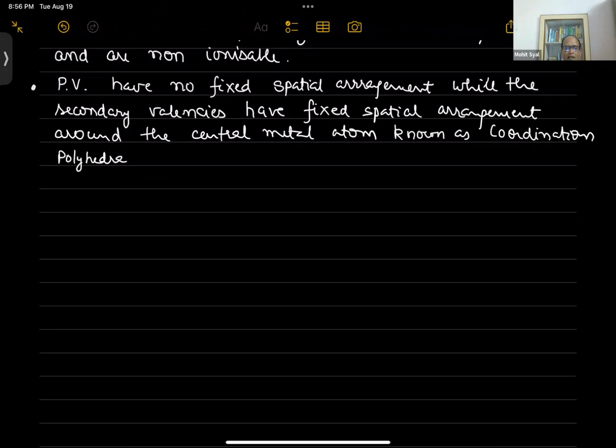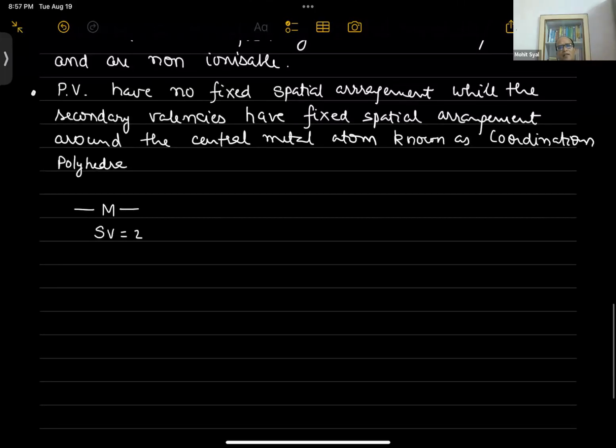So how many different types of coordination polyhedra are we having? Suppose if metal is having two secondary valencies, it is going to have two groups connected to it, and they will be in a linear manner. Got it? In order to minimize the repulsion.